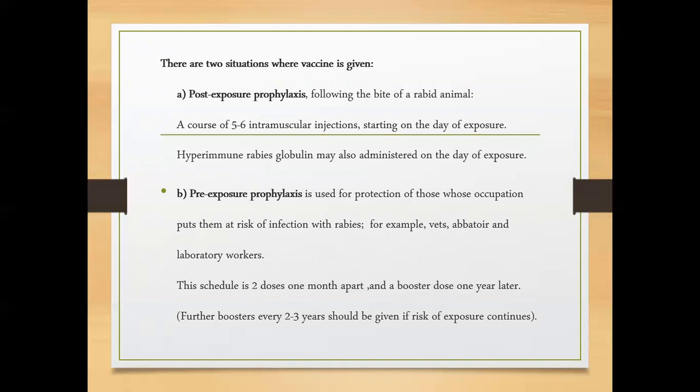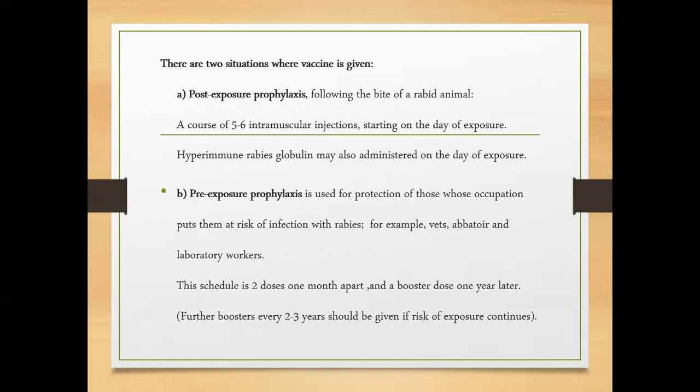Of course, after biting, if someone is bitten by a dog. Post-exposure prophylaxis means following the bite of a rabid animal, a course of 5 to 6 intramuscular injections starting on the day of exposure. Hyperimmune rabies globulin may also be administered on the day of exposure. Basically, it is given after being bitten by a rabid animal.